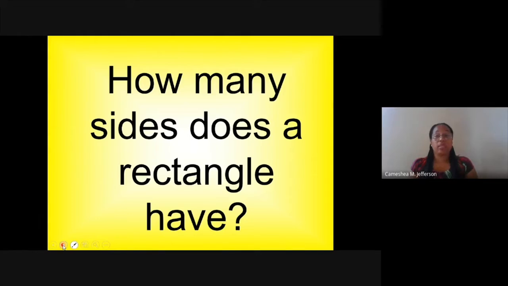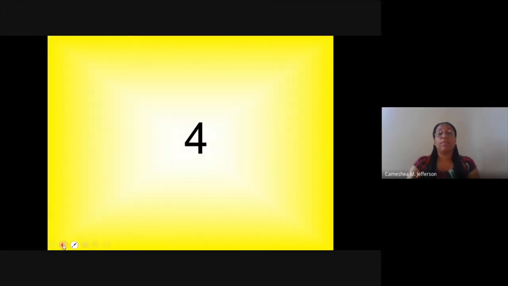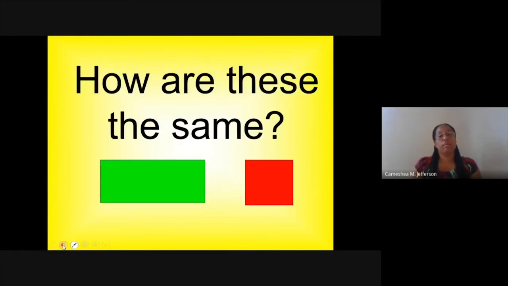How many sides does a rectangle have? A rectangle has four sides. Now, my question is, how are these the same? How are these two shapes the same?